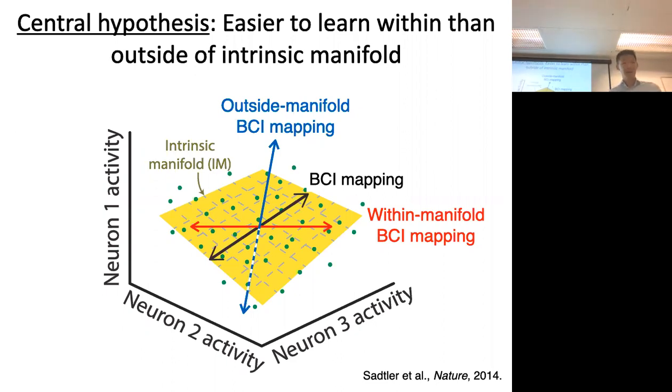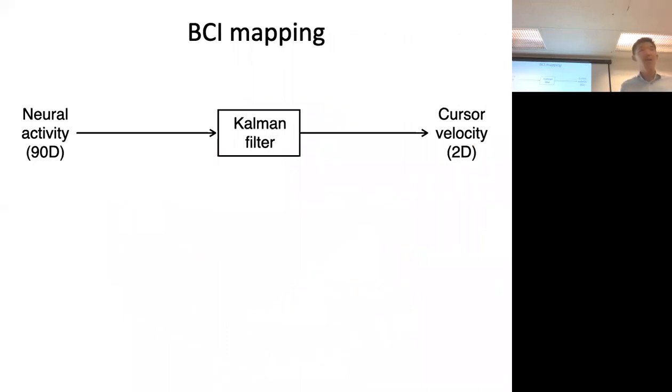Yeah, okay. So now let me tell you a little bit more about the specifics of how we did this experiment. The standard place to start for anyone who wants to do BCI decoding is to use a Kalman filter to convert neural activity into cursor or arm movements.